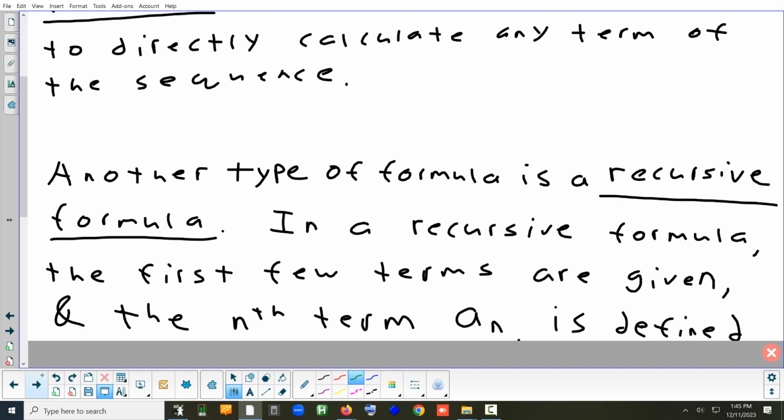So in a recursive formula, what I have to do is give you the first couple terms of a sequence. Say something like this. So I give you the first couple.